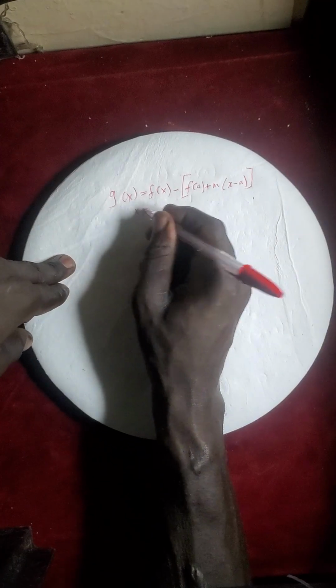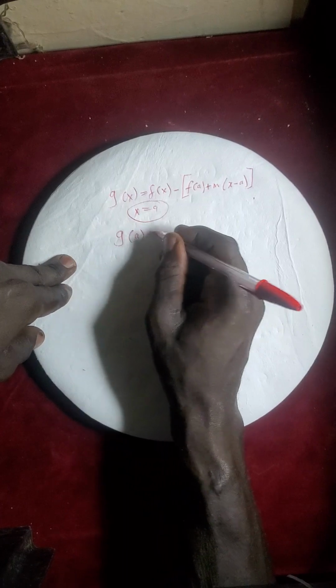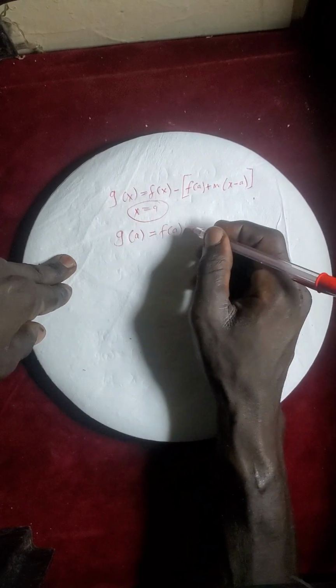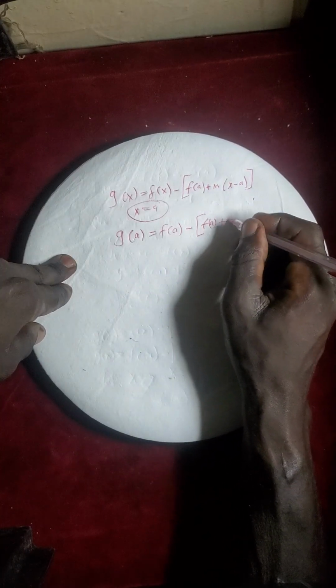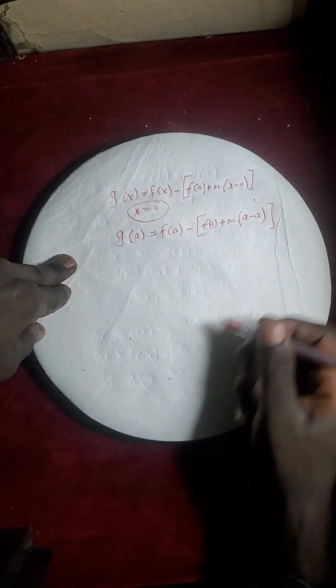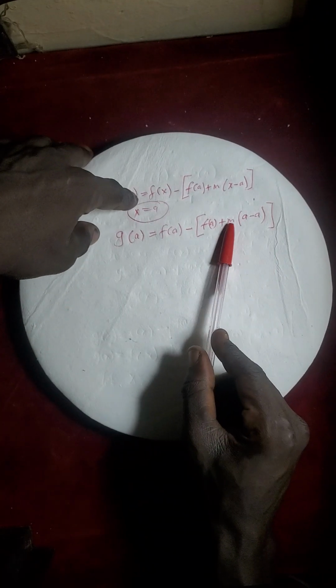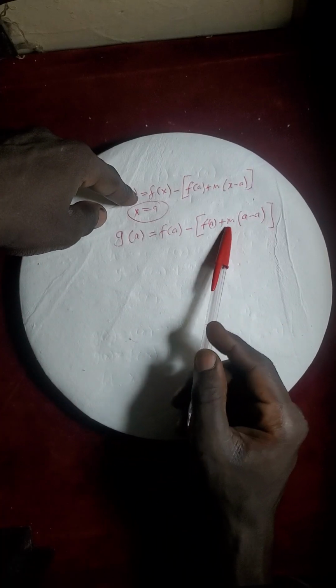So I'm using x equals a. So g of a equals f of a minus m times, where there is x we're putting a minus a. How much do I change that? They know that this thing, whether it's m or it's that function, is still, because a minus a is 0.